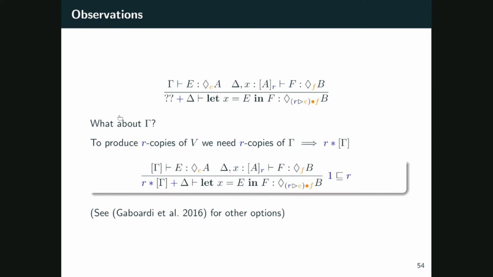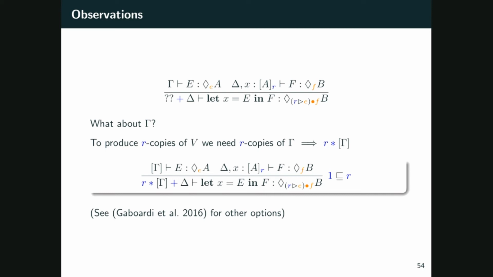And so, following this intuition, we obtain the final rule, in which we have the monotone action to produce new effects. We somehow scale the environment using the new resource, and we obtain this new typing.